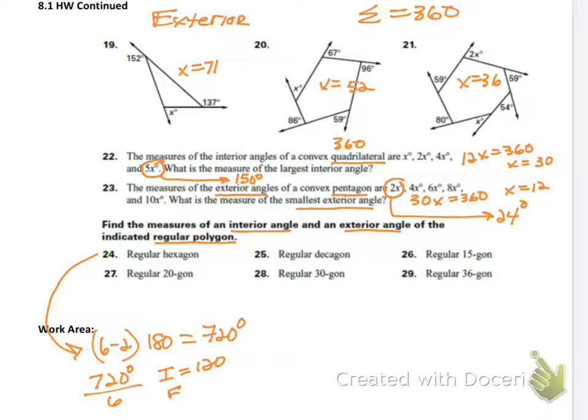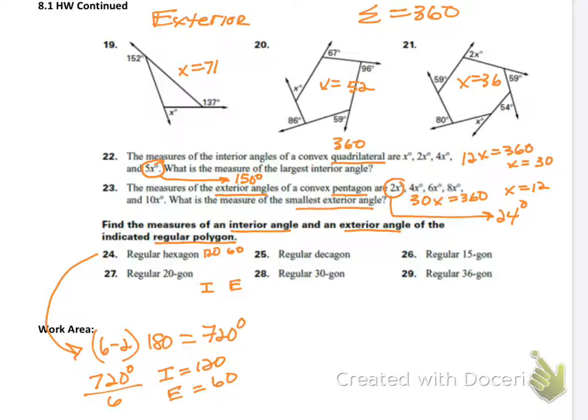That means that each exterior has to be 60 because they need to sum to 180. Okay? So that's how we're going to do each of these. So I'm going to list the interior first and then the exterior. So I had 120 and then I had 60.